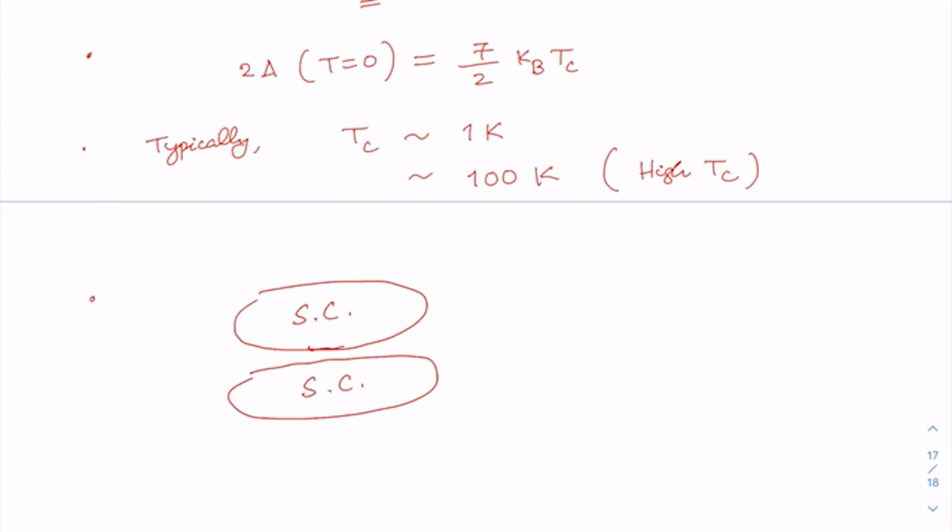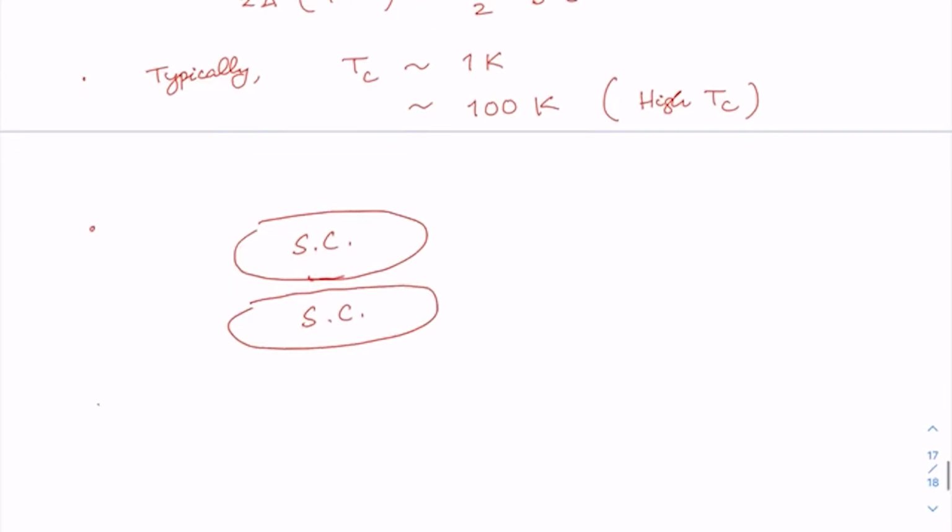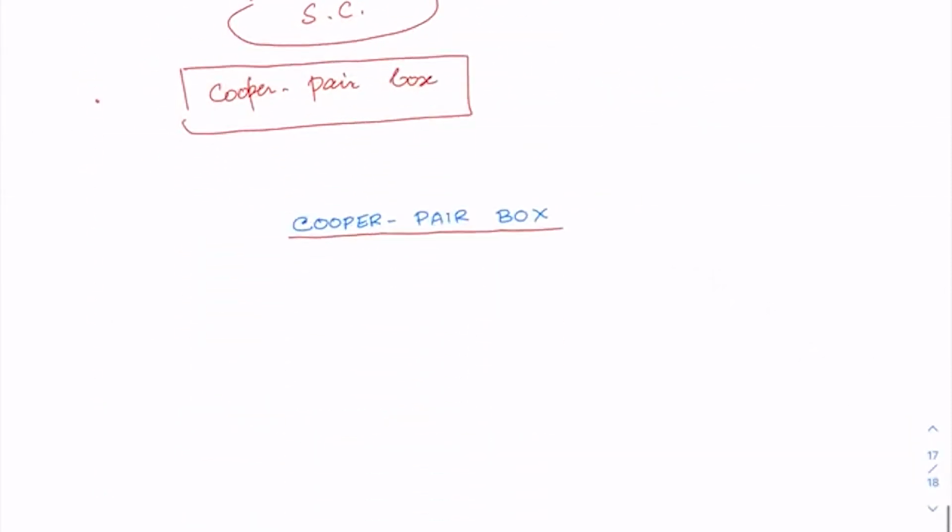And this actually brings us to the idea of the Cooper pair box, which is of extreme importance for us, and we are going to discuss it now. So the Cooper pair box, or CPB in short, is basically two superconducting islands separated by some finite distance.